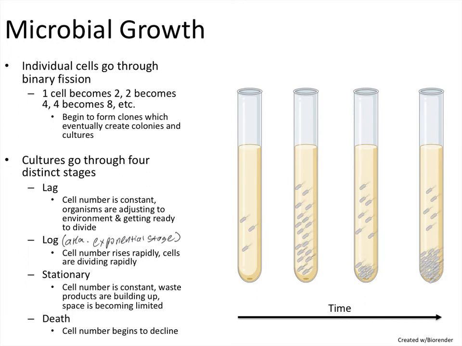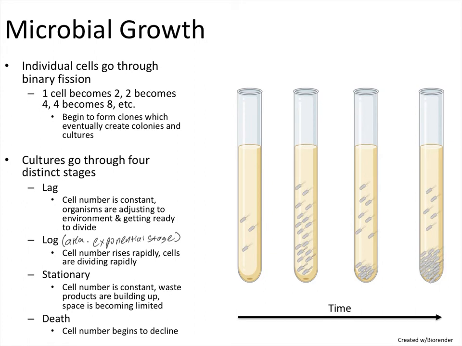So the population is still having new individuals being made. However, at the same time, individuals are dying as well. And in the stationary phase, the number of individuals that are created equals the number of individuals that are dying. So the number of total individuals stays the same during this phase.